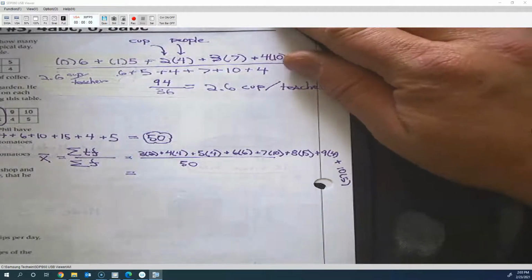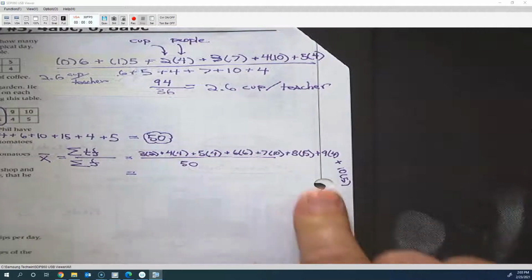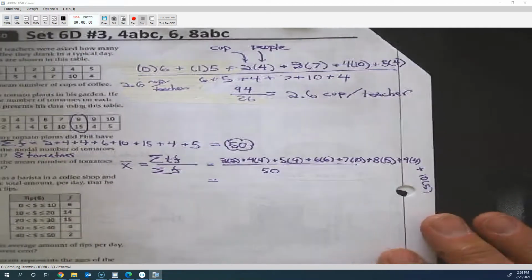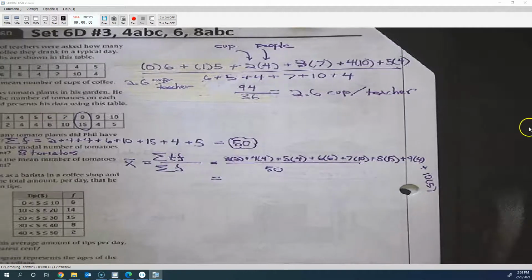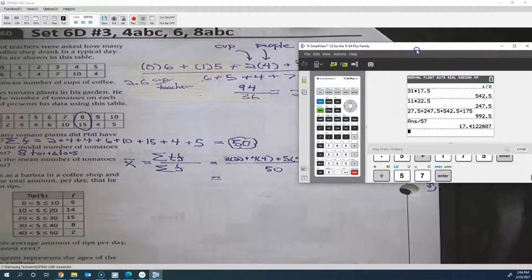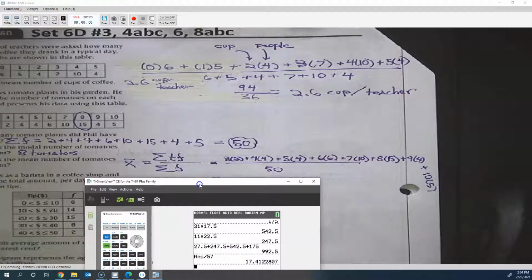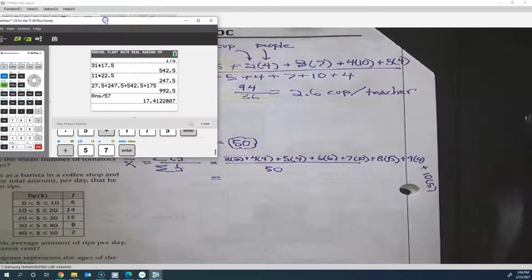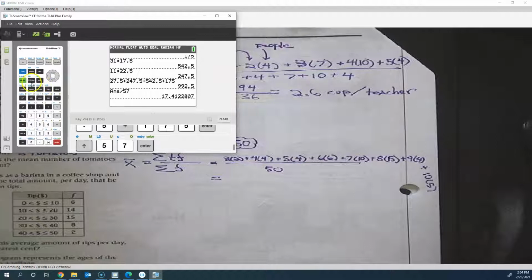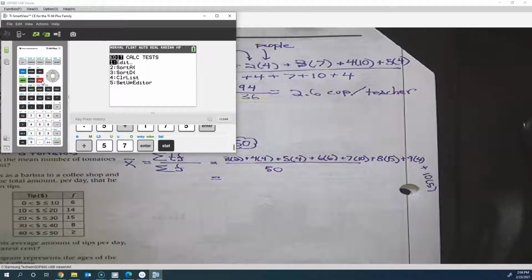Okay, now let me show you how to do it on your calculator, which will do all of this for us. So you're going to open up your calculators and you're going to press the key that says stat on it. Okay, so hit stat, and you're going to just choose number 1 where it says edit.